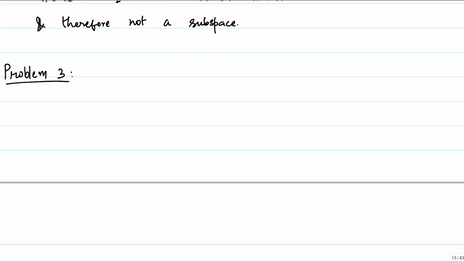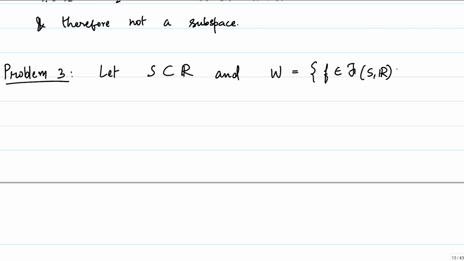The next problem is in the vector space of all functions from a set to R. So let S be a subset of the real numbers and W be the set of all f in F(S, R) such that f(x naught) is equal to 0 for a fixed x naught in S. So what is F(S, R)?